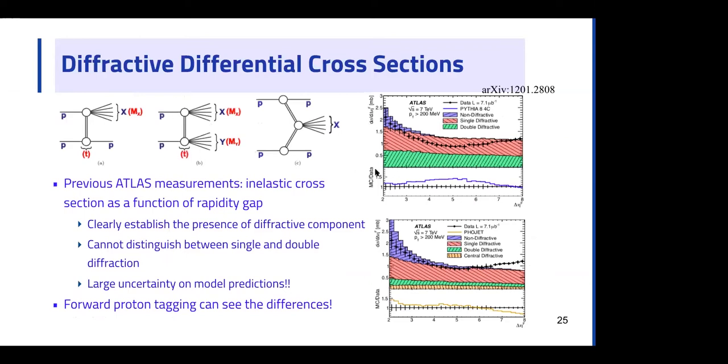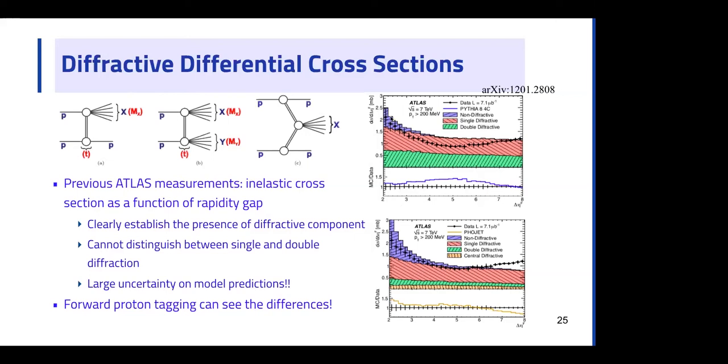If we look at these distributions, this is the cross-section of the events as a function of the rapidity gap. Rapidity gap is the distance with no activity in the detector, in eta. Data is shown in blue, and we have two different Monte Carlo predictions, Pythia 8 in the upper plot and Herwig in the lower plot.